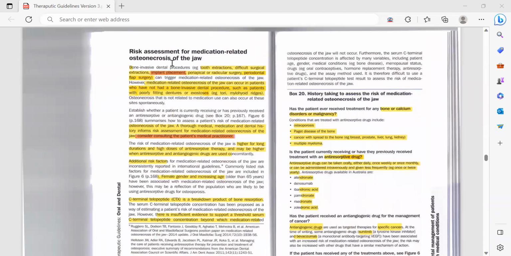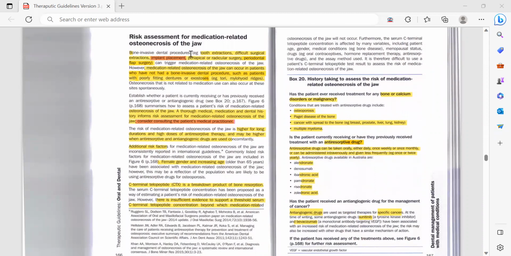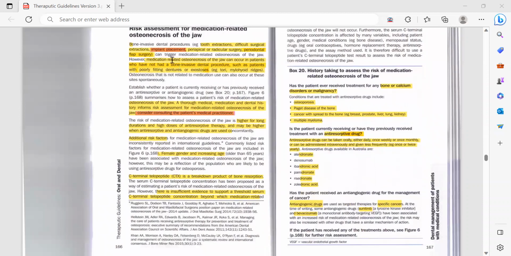Okay, then you need to do the risk assessment for the patient, either they have the higher risk or the lower risk. Bone invasive dental procedures, which are tooth extraction, any surgical extraction, implant placement, periapical or radicular surgery, and periodontal flap surgery, can trigger medication-related osteonecrosis of the jaw.